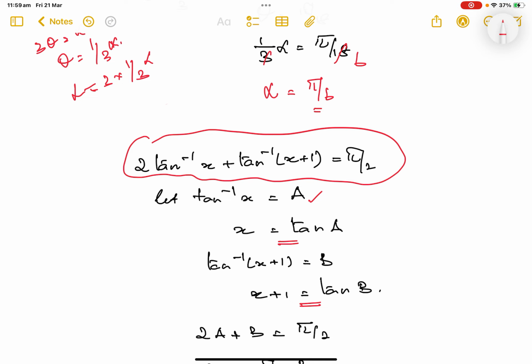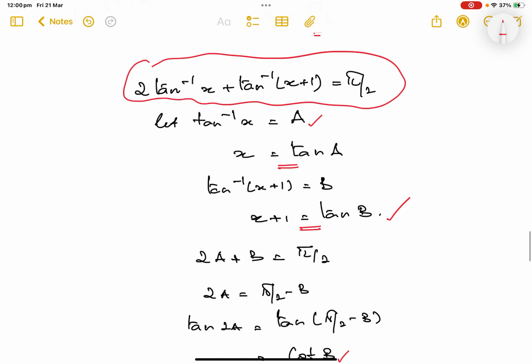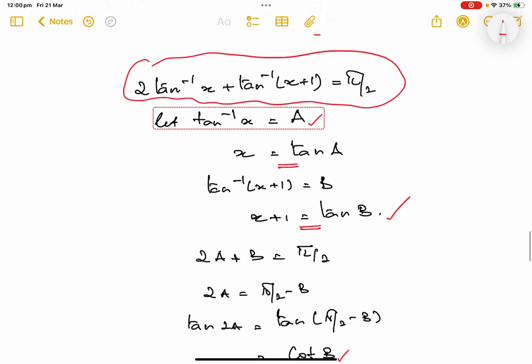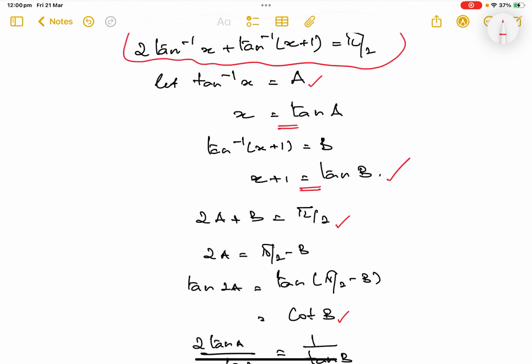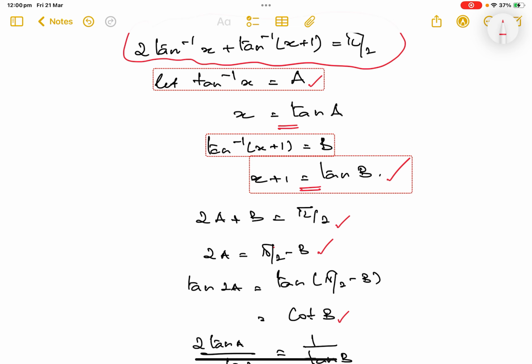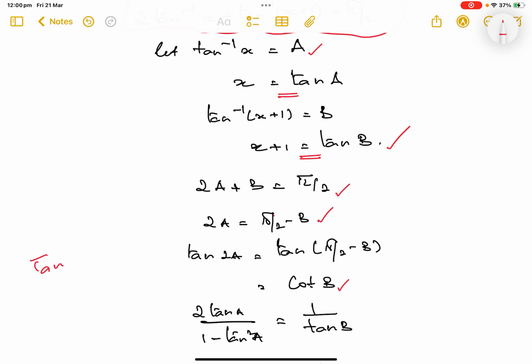And tan inverse of x plus 1, I took as b, so x plus 1 is tan b. So 2a plus b equals pi by 2. Substitute that value. From that, 2a equals pi by 2 minus b. Of course, we can take tan of both sides, tan 2a.